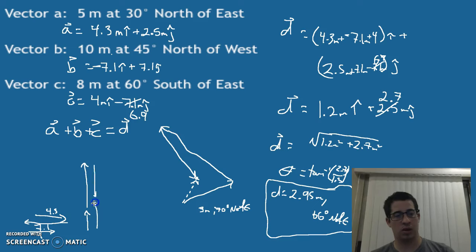So then this is our y component, and this right here would be our x component. Okay, from tail to tip. So from the tail to the ending tip. That's how we draw those vectors.